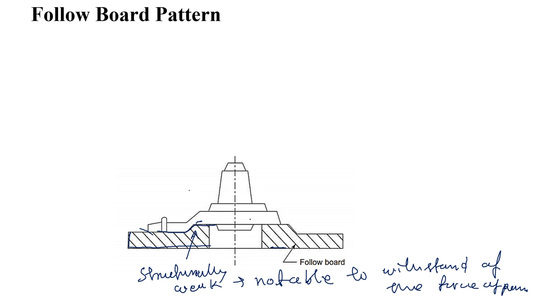So under the force of ramming, this pattern can break. This type of follow board is used to properly fit the contours during the ramming in the drag portion. In the top portion, it is not required because the sand is already rammed.